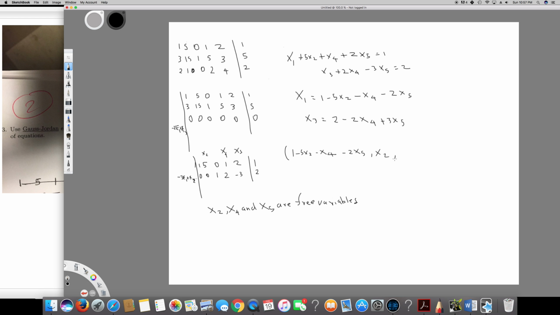And x3 is not a free variable, so I have to write it in terms of free variables. So it's going to be 2 minus 2x4 plus 3x5, and x4 is a free variable, so I can just write it as x4, and x5 is also a free variable, so I write it as x5.